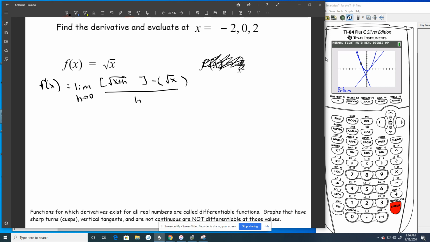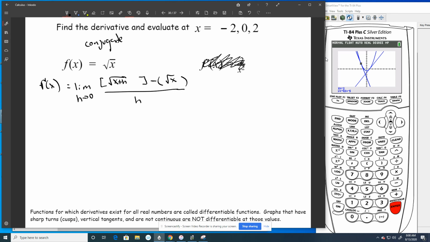So we have kind of a mess. We've got a bracket with a root under it, and we have another root. And I want to simplify things. One of the first things I want to consider when I see roots is a conjugate. So on top, I've got root of x plus h minus root of x.